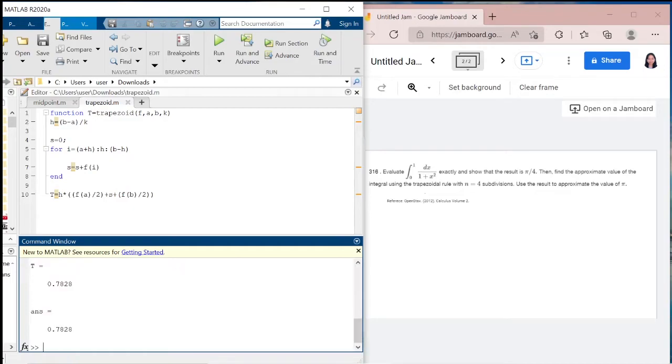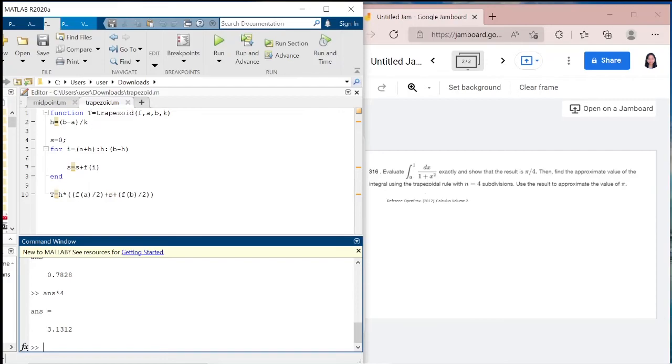Then let's click enter. We have a value of 0.728. So let's try to approximate the pi by multiplying the answer by 4. Answer times 4. As we can see, we have a value near pi.